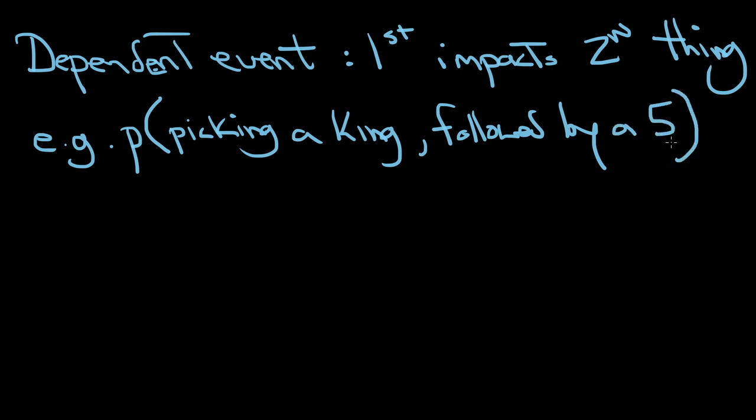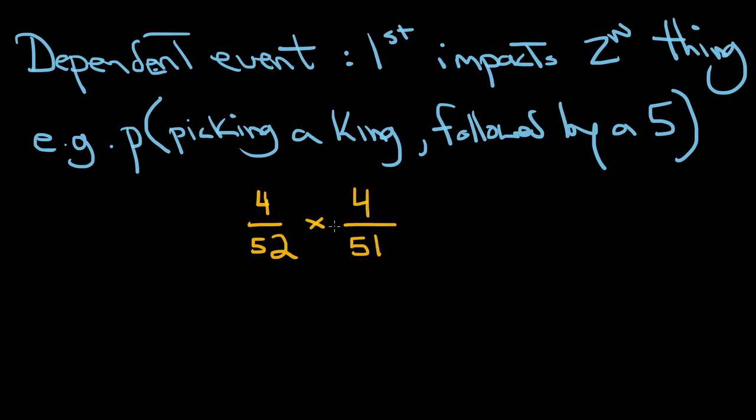Is that going to impact it? What do you think? Well, it is. Do you know how? The probability of picking a king is just 4 ways out of 52, right? There are 4 ways to do it, and there are 52 cards. But I've just picked a king. How many cards are now left? Oh, 51 cards. So that has an impact.